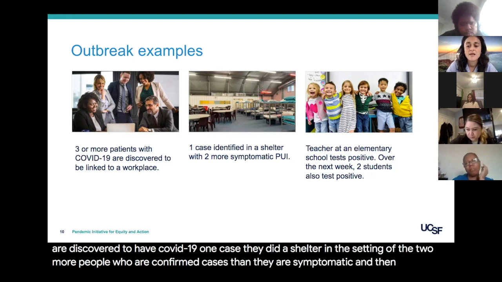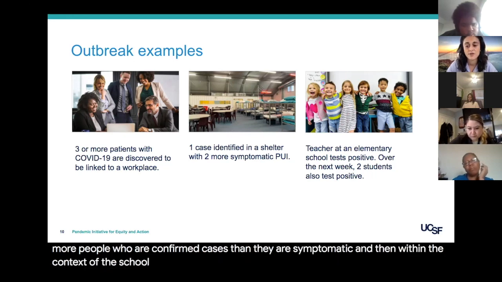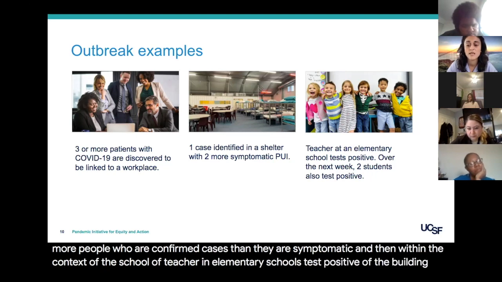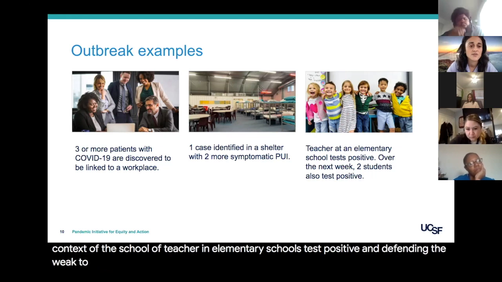And then in the context of a school, a teacher in an elementary school who tests positive, and within the week, 2 students also test positive. All kind of different examples of outbreaks that are occurring in different settings. Next slide.